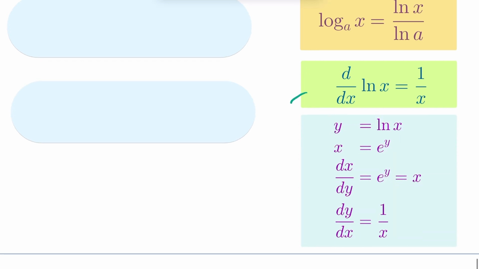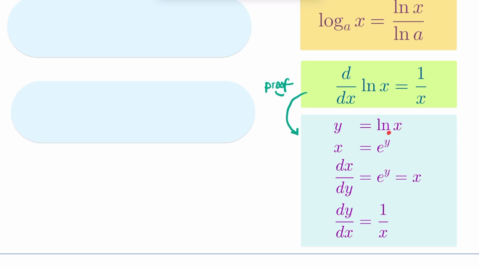So we'll do a quick proof to show why the derivative of the natural logarithm is 1 over x. Again, if we were to rewrite ln x as y, then you can find x by applying the definition of log.